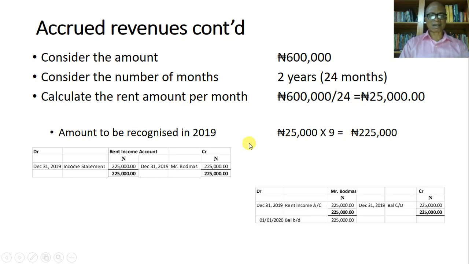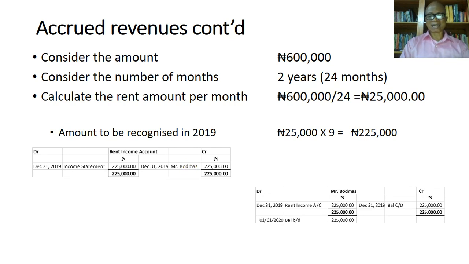We have the rent income account, and then we have an account for Mr. Bodmans. Okay, now what are we saying here? The rent account, despite the fact that you've not collected cash, must still have an amount to be recognized. So 225,000 is debited to Mr. Bodmans, and the credit goes to the rent income account.